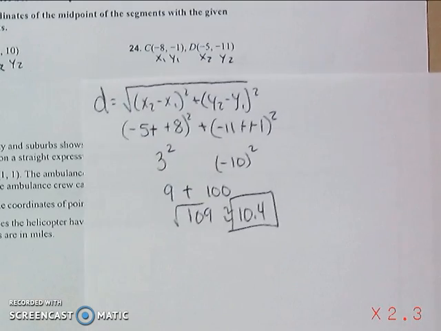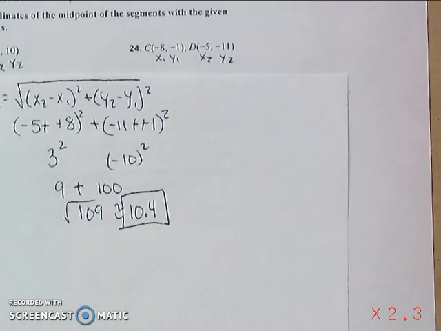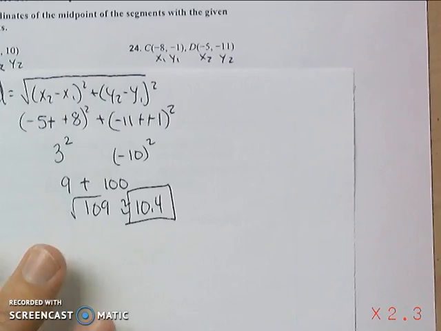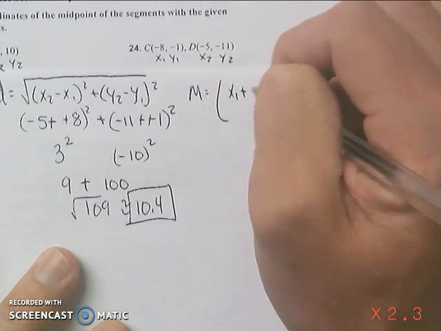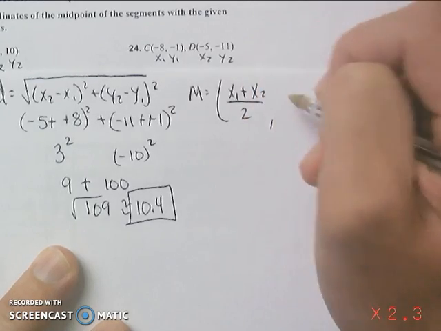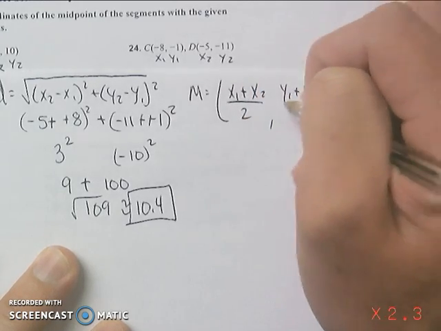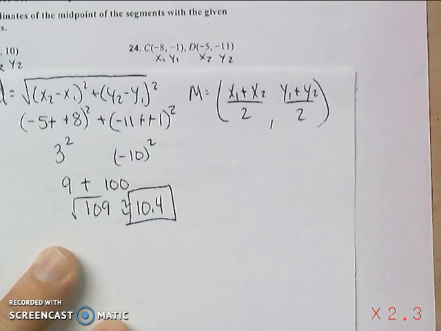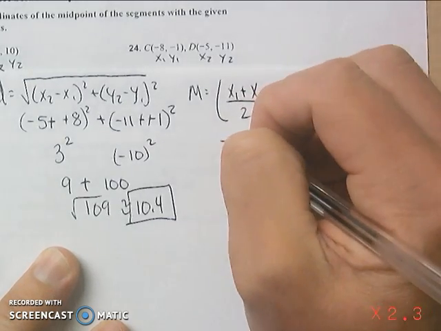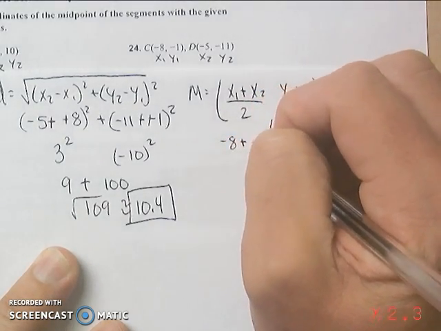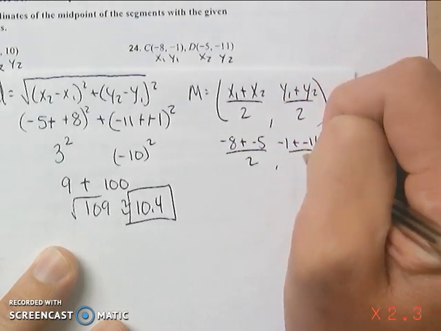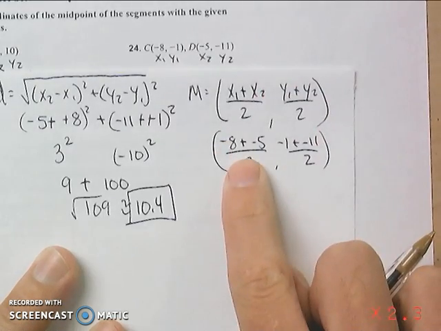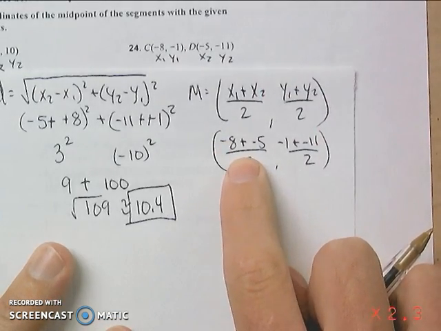Next, we want to do our midpoint formula. Notice how I'm still writing the equation every time because I don't want to make a mistake. Two negatives, when you add them, actually make a bigger negative.